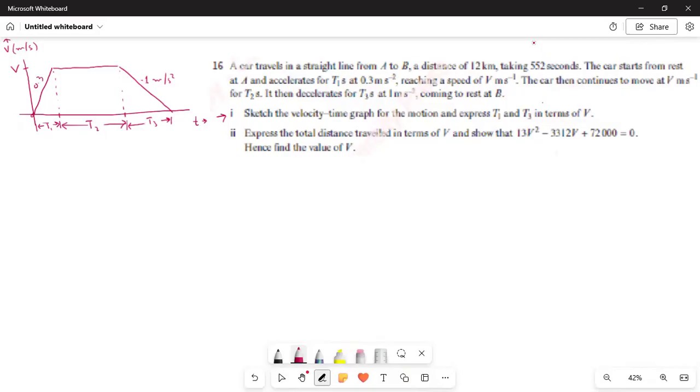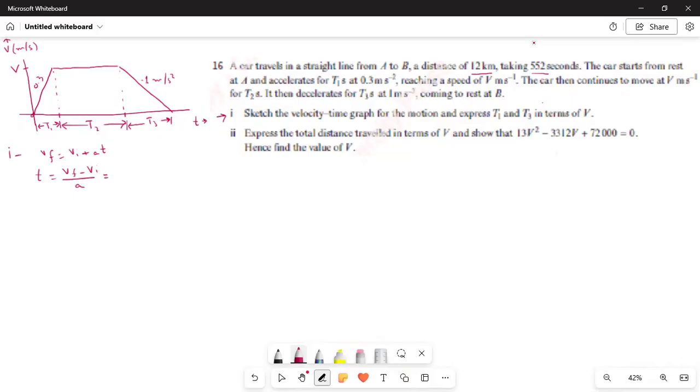Okay, we know that the total distance traveled was 12 kilometers and the total time taken was 552 seconds. I'm doing part one first. So we know that Vf equals Vi plus at. If I want to find t from here, t is equal to (Vf minus Vi) over a.